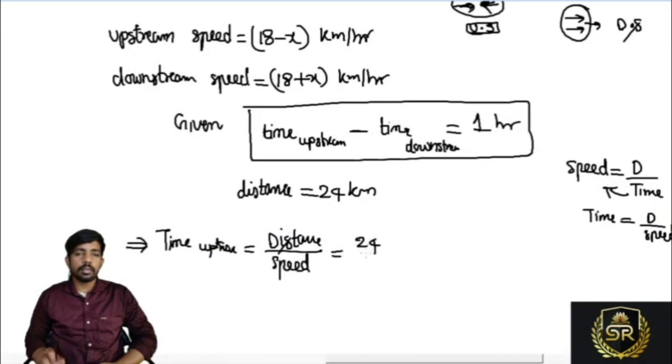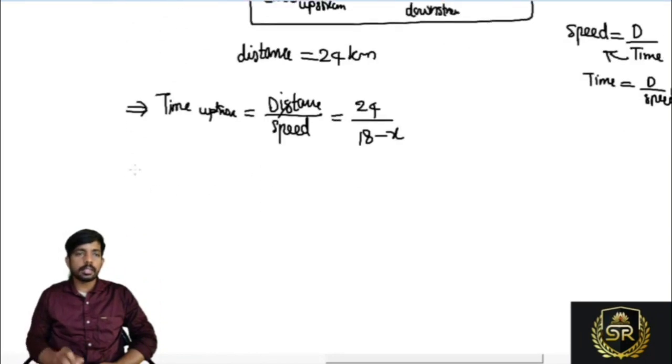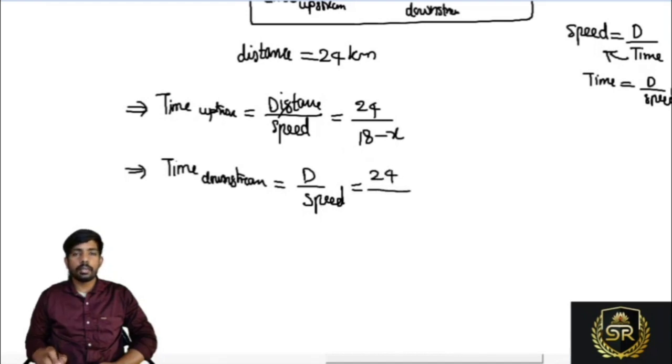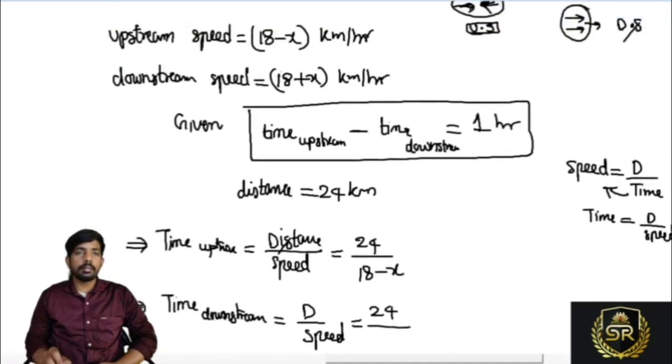Distance is 24 and the speed of the upstream is 18 minus x, right? Similarly, time taken downstream is the same distance by speed. The distance is constant, 24, and the speed for downstream is 18 plus x.